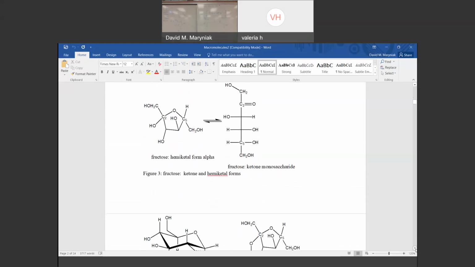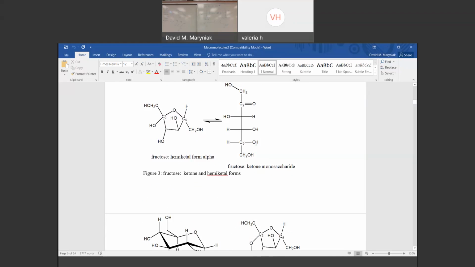And here's another sugar you should be familiar with. This one is not an aldehyde, but a ketone. And it's called fructose. Analogous to glucose, 6 carbons total. C5 I've got labeled here.